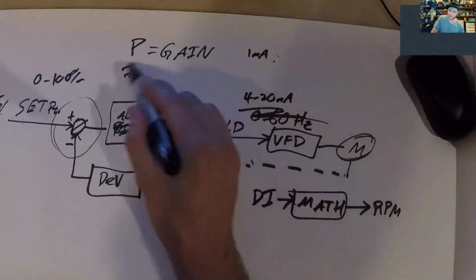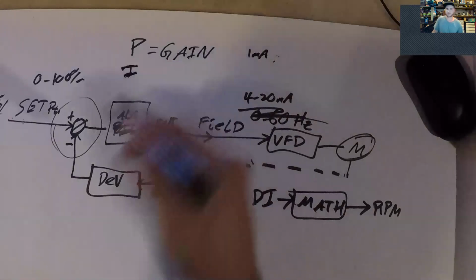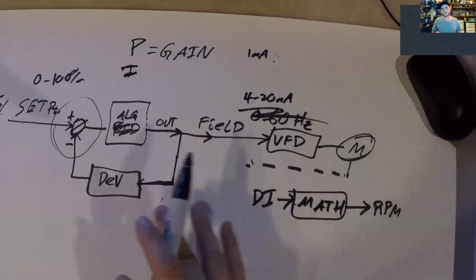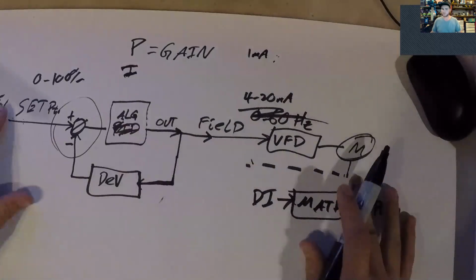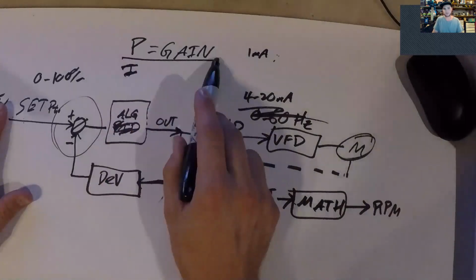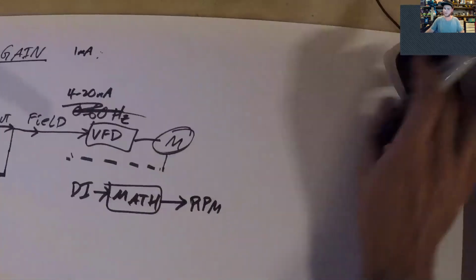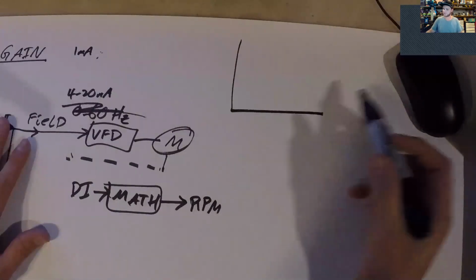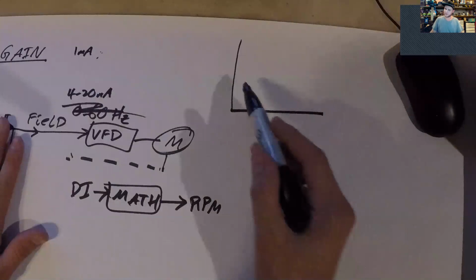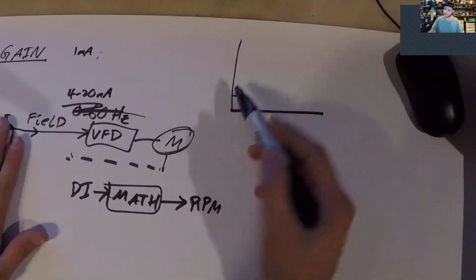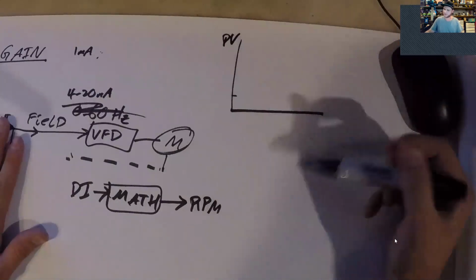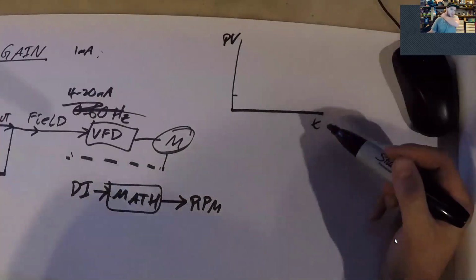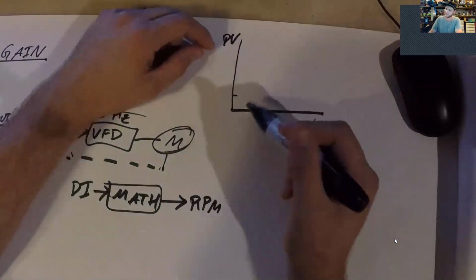And then the integral term is a little more complicated, but basically, if you just have a straight proportional controller, so you have your system, and this is the process variable, and this is time, and you introduce a set point change.